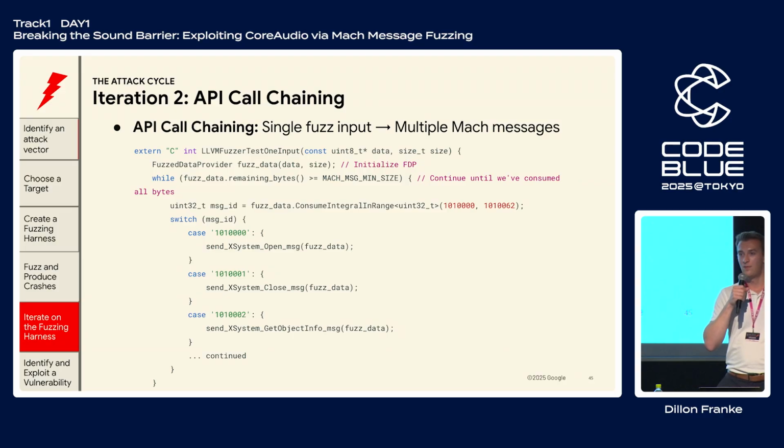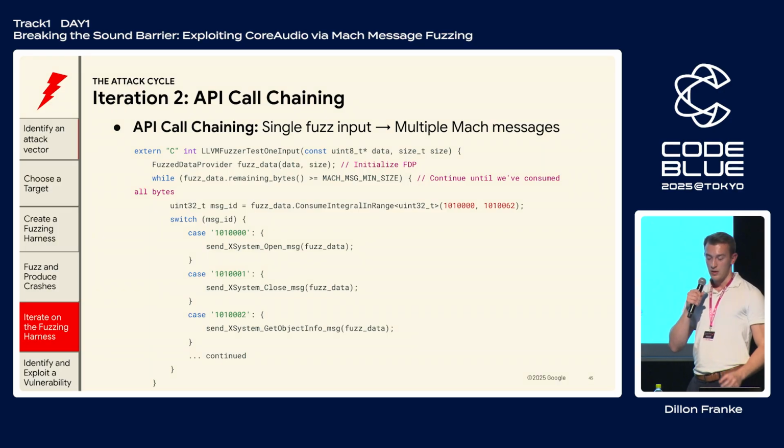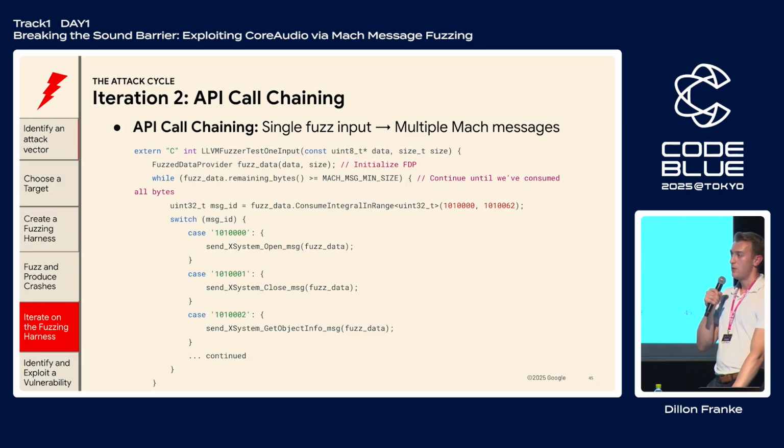And this might seem like a very simple idea, and it is, but it's very powerful, because instead of just sending a single Mach message, we can now let the fuzzer, which is really good at exploring which inputs are interesting, explore that process space by sending multiple APIs together and chaining them together. So simple idea, but it has really powerful ramifications for increasing your code coverage.